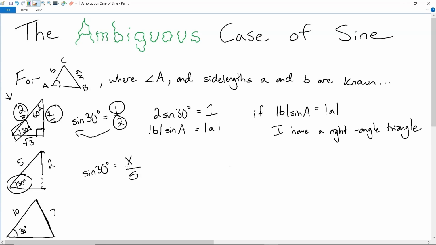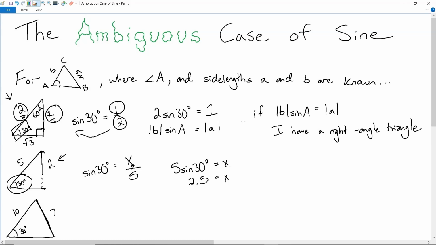And if I isolated for my opposite length, it would look like 5 sine 30. And 5 sine 30 would give me 2.5. But if you notice, in this scenario, my a side length is a 2.